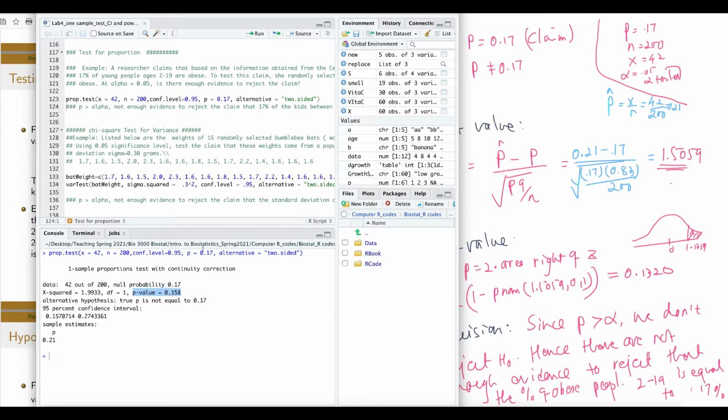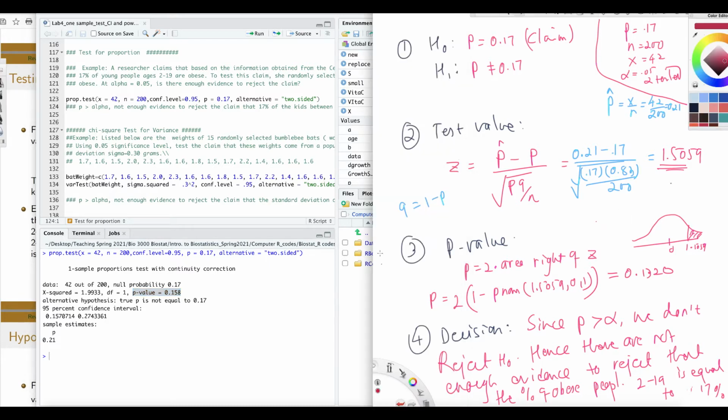R uses a slightly different method, because there are different ways to do the hypothesis testing of the proportion. It also depends on how many decimal places you take, because there may be a never-ending decimal there.